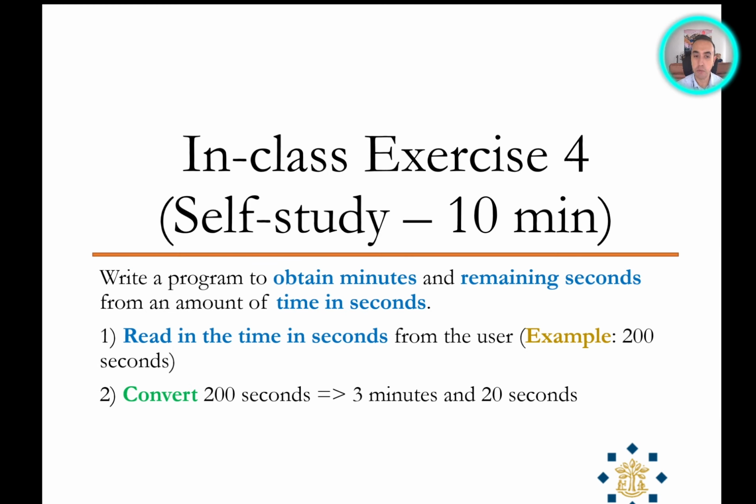So what the program does is it first reads in the time in seconds from the user using the input function as always. So we have, for instance, the user said 200 seconds. And then your program converts 200 seconds into minutes and the remaining seconds. So 200 seconds is 3 minutes and 20 seconds.